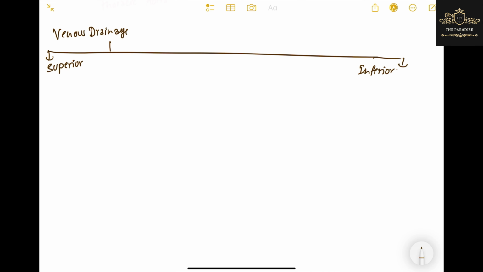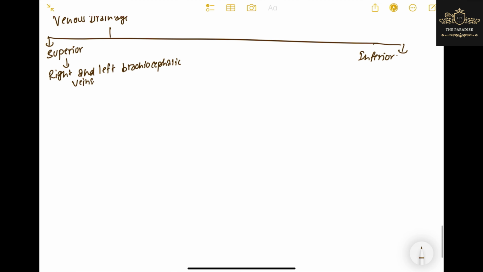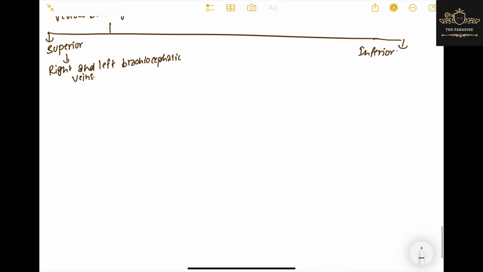Superiorly, what passes? Right and left brachiocephalic veins, and also the upper half of the superior vena cava.